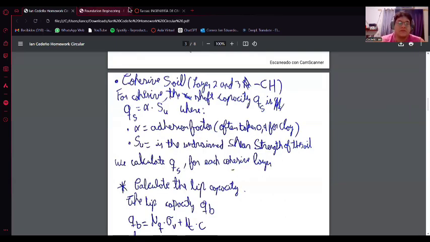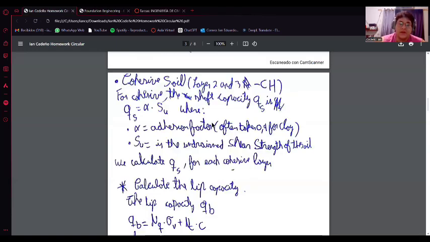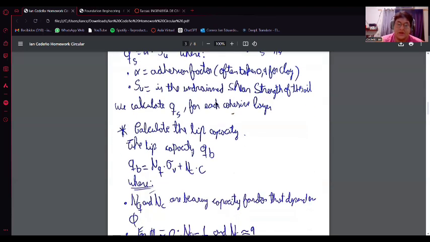For Su, the problem gives us 98. This is the undrained shear strength of the soil. We calculate Qs for each cohesive layer.